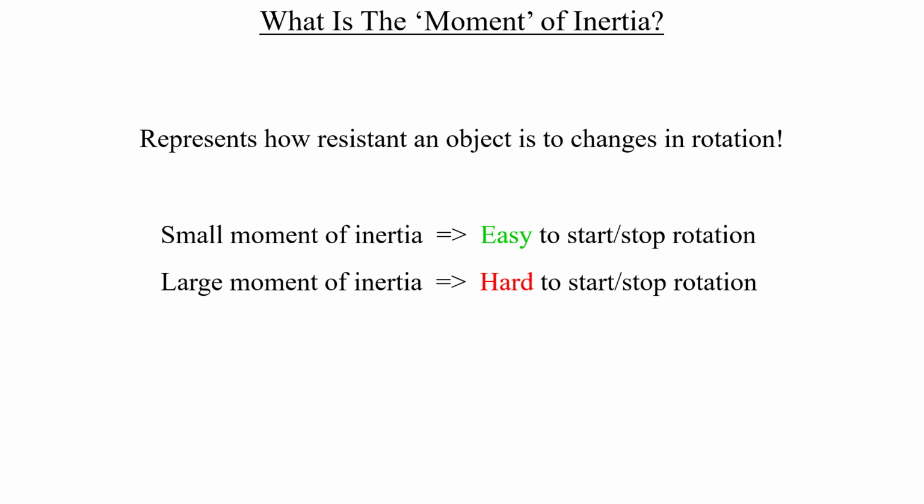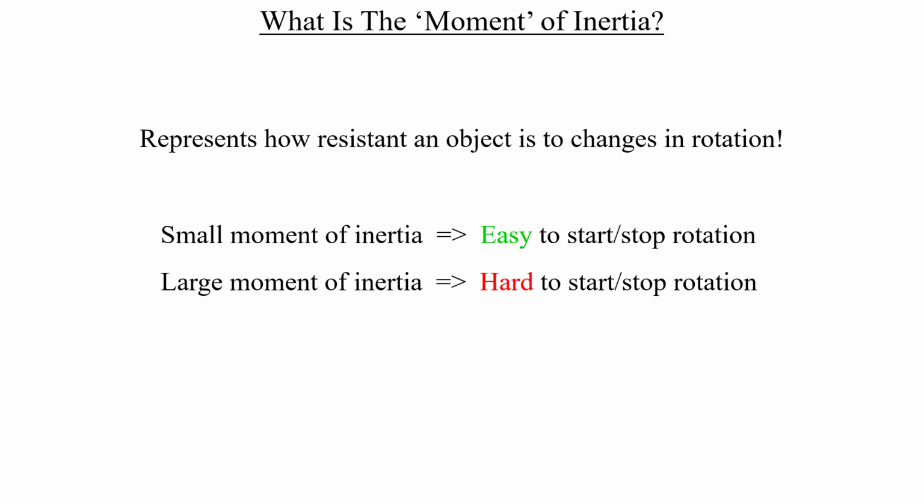We saw in the last problem that when an object is spinning, we have to change our kinematic formulas to use new quantities that involve rotation. Things like angular displacement and angular velocity and so on.